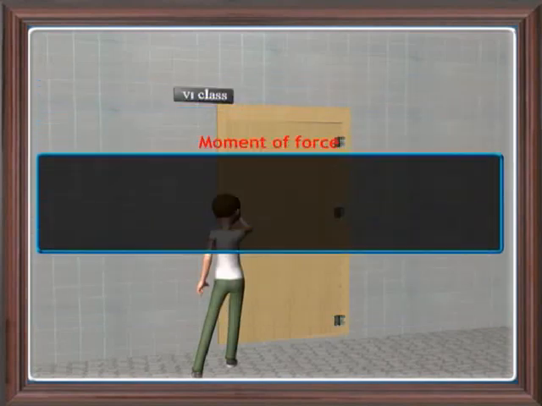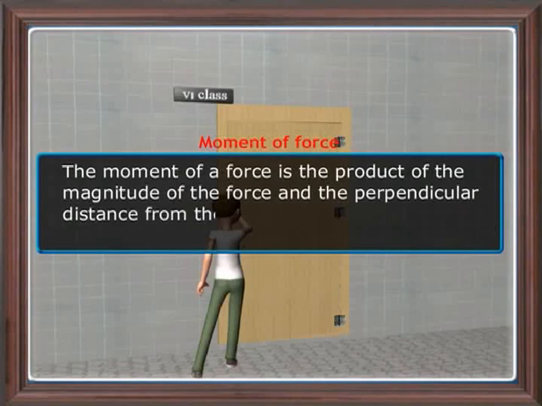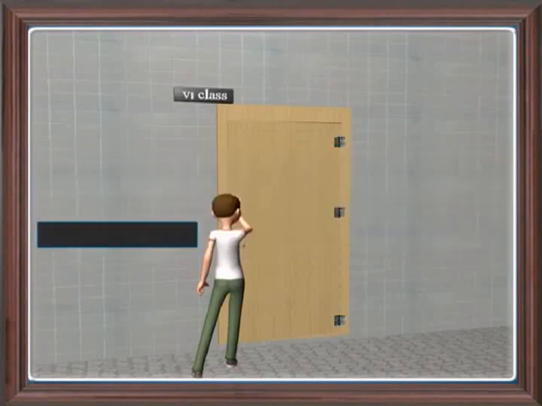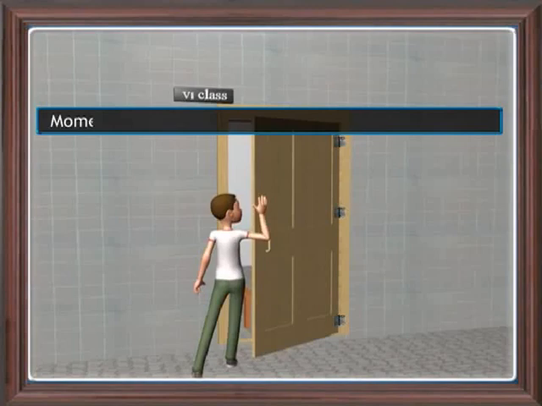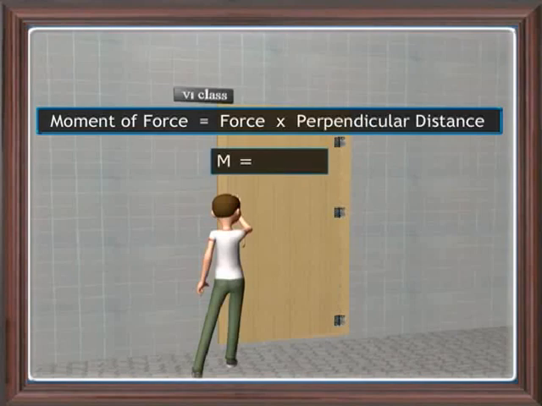We can also define the moment of a force as the product of the magnitude of the force and the perpendicular distance from the point of application of the force to the fixed point in the body. Mathematically, we can say moment of force is equal to force multiplied by the perpendicular distance, or M = F × d.